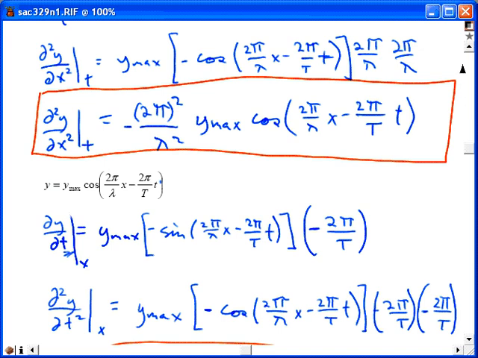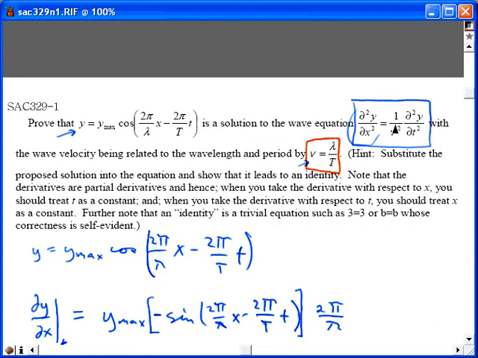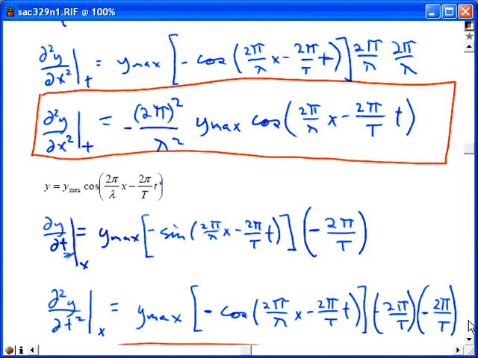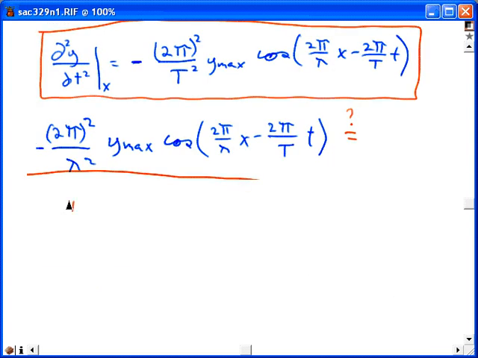And then we got the 1 over v squared, which is going to be 1 over lambda over T all squared, or it's the reciprocal of this expression squared, so T squared over lambda squared. And then I just need this expression.